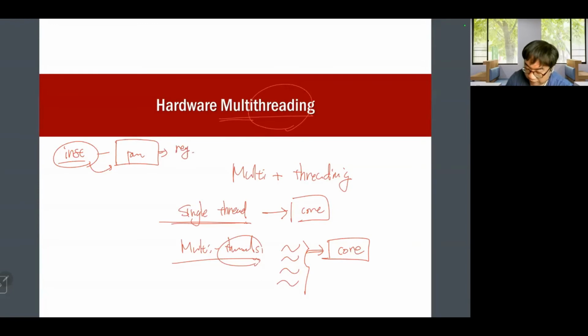register file and memory. Okay, but memory can be shared by multiple threads, right? Actually, in computer systems, the same physical memory is shared by multiple applications, right? We already learned the virtual memory systems, right?